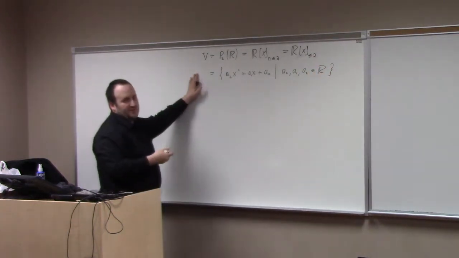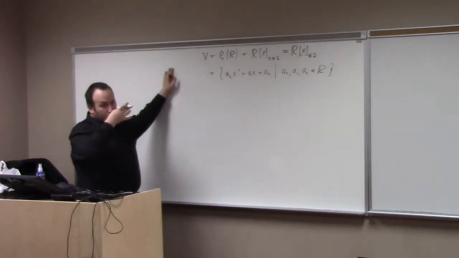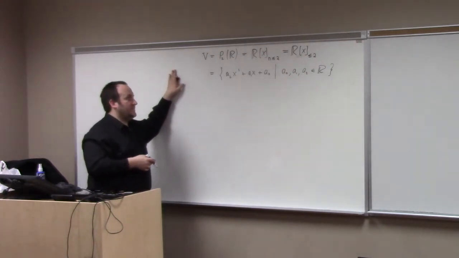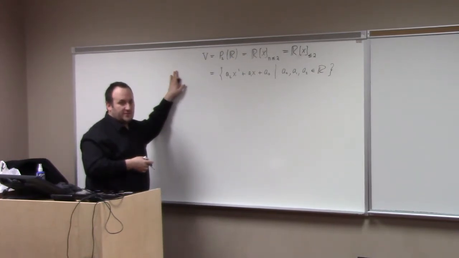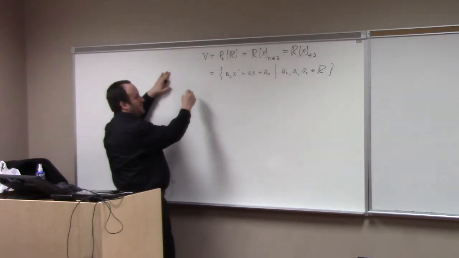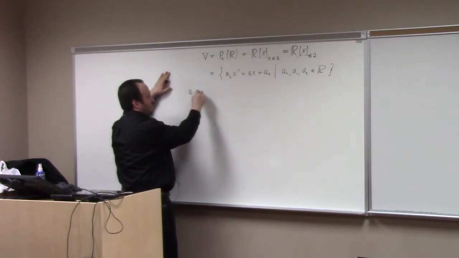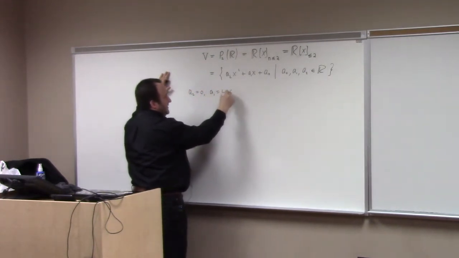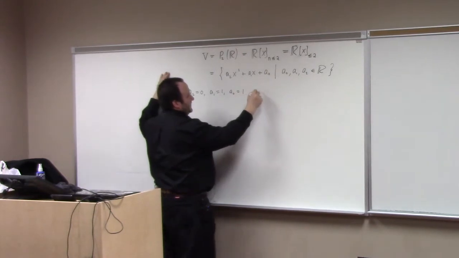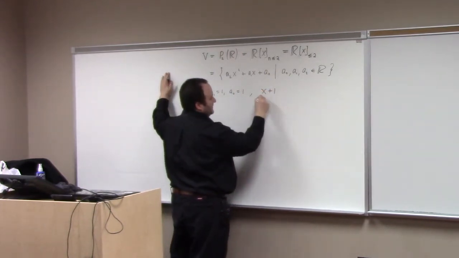So this forms a vector space of quadratic polynomials. Now, if you're a very good student of pre-calculus, you should complain that I am not being precise. Are these quadratic polynomials? For example, I take a2 equal to 0, a1 equal to 1, a naught equal to 1. That gives me x plus 1. Is this a quadratic polynomial?